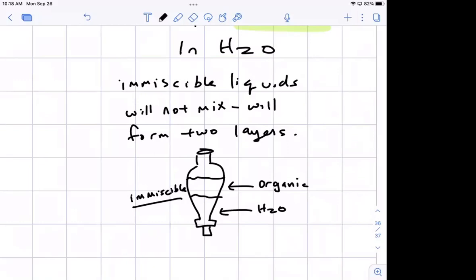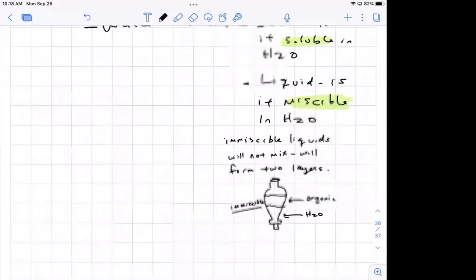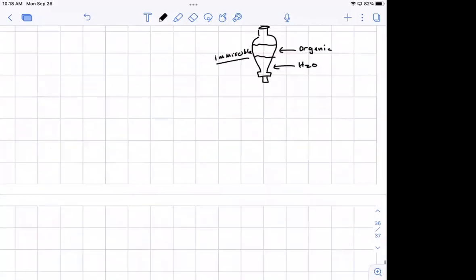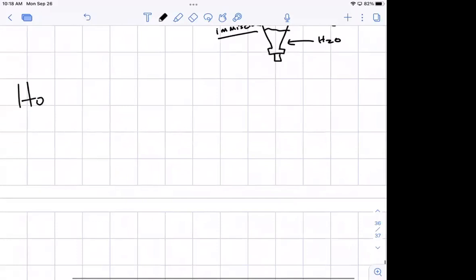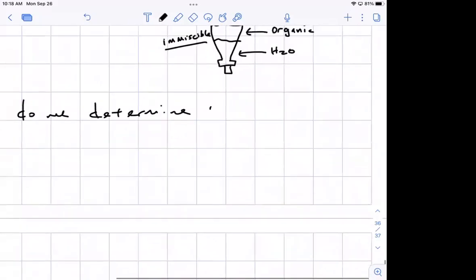If we have an organic compound, if you watched the little sink or swim video, then you already know where I'm going with this. So how can we determine water solubility?